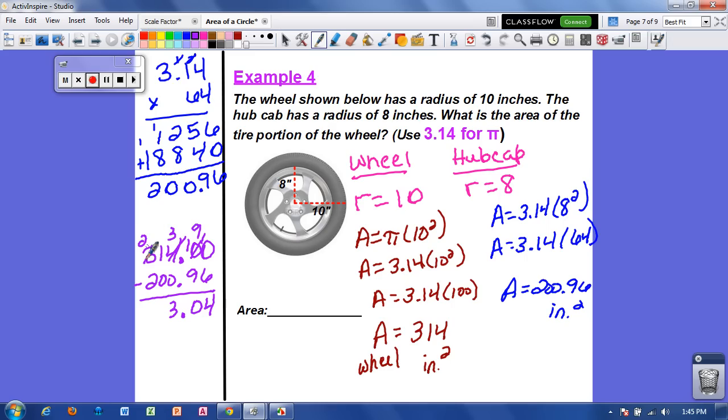Oh, no, sorry, no I don't. 1 minus 0 is 1, and 3 minus 2 is 1. Let me just erase that and redo it. Okay, that's better. So the difference between the wheel and the hubcap would be 113.04, and remember our units are inches squared.